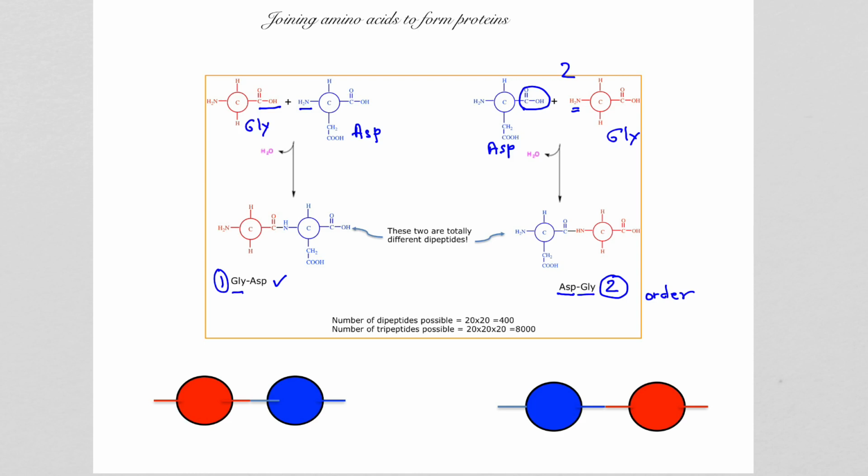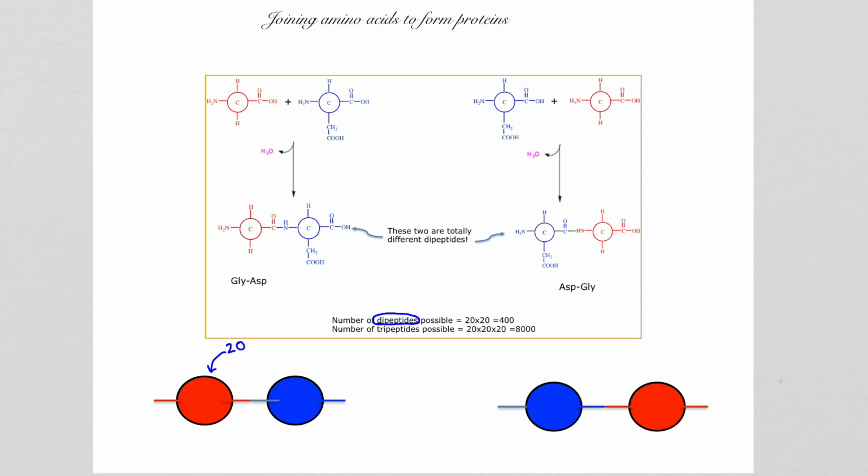Here we have glycine joined to aspartic acid. So you can see, just to make a dipeptide, just 2 amino acids joined together, the first position can be any of the 20 amino acids, and the second position can also be any of the 20 amino acids that are available to the cell.